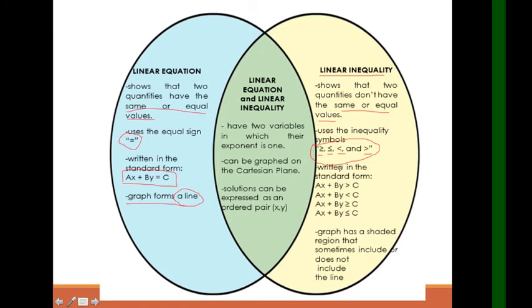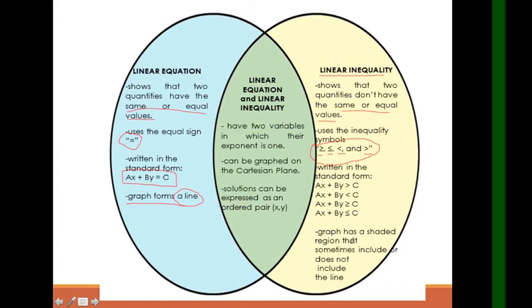So the standard form for the linear inequality can be written as ax plus by greater than c, ax plus by less than c, ax plus by greater than or equal to c, and ax plus by less than or equal to c, where a tsaka yung b is not equal to 0.